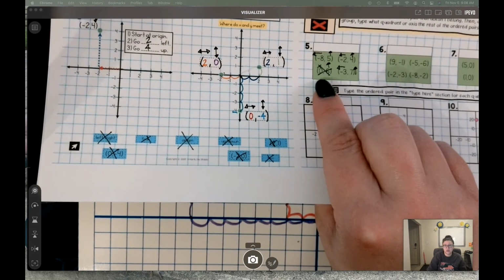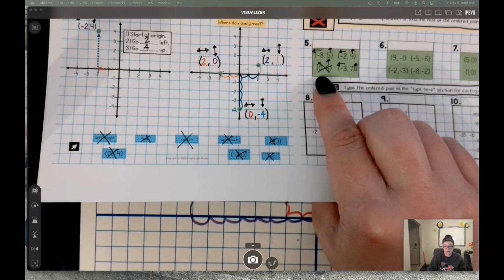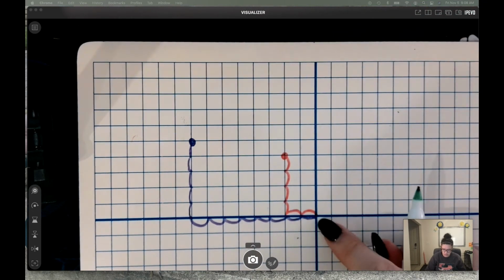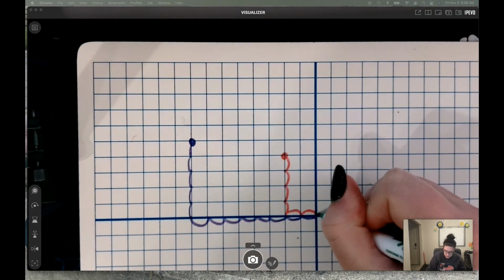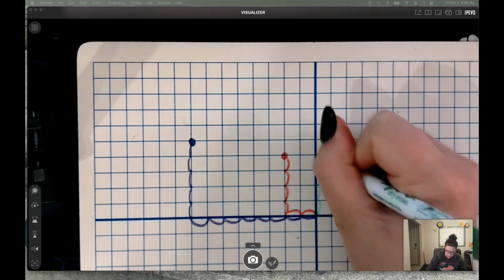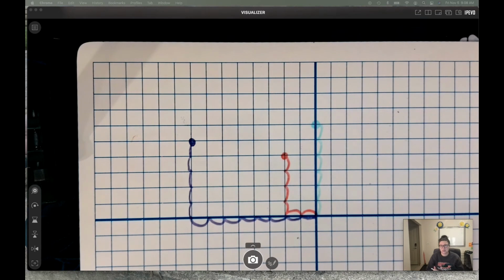Our next coordinate was that 0, 6. So I don't go left or right. I just go up 6. And where do we always start from? We always start from the origin. That's our home base. So if I go up 1, 2, 3, 4, 5, 6, there's that point that doesn't really belong.